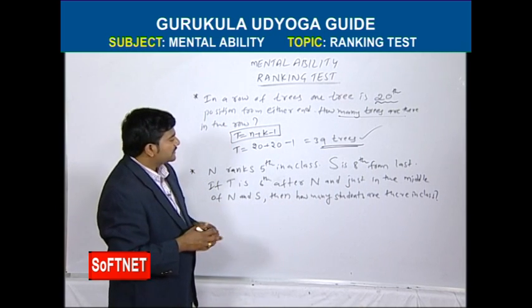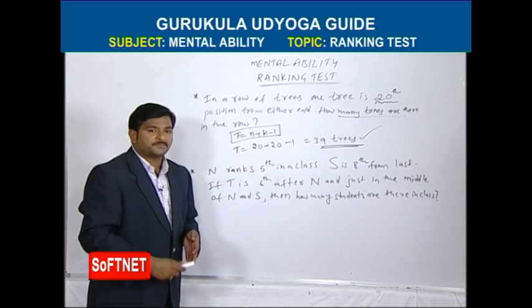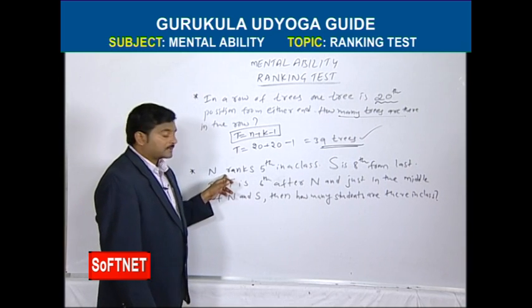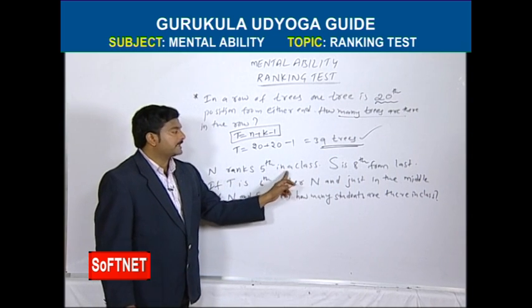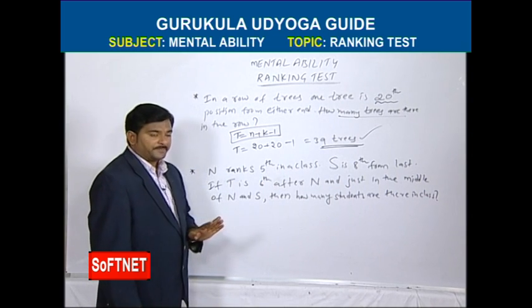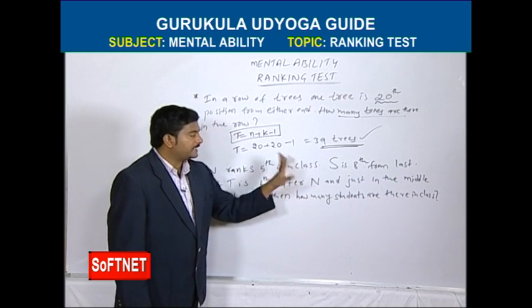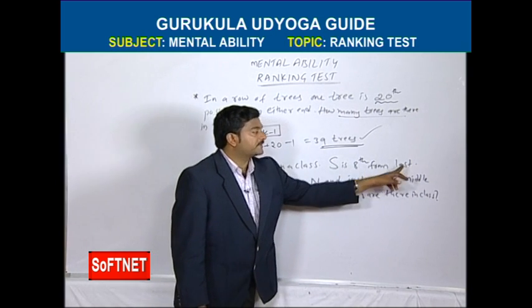Now observe here, this is a somewhat different concept. Without using the formula T is equal to n plus k minus 1, we can apply this. See what he mentioned here: N ranks 5th in a class. I repeat this question once again: N ranks 5th in a class, and S is 8th from the last.